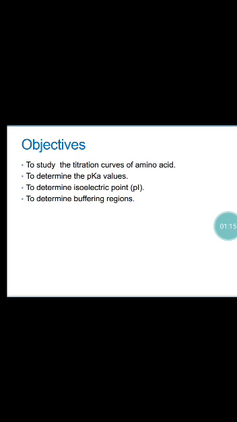To determine the pK values. Why do we determine the pK values? What are the pK values? Why do we determine the pK value of amino acids by titration? It's a question. We determine the pK values to find out the strength of the acid.